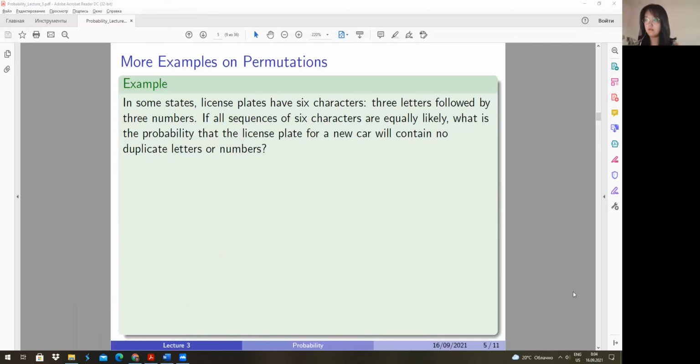Well, the number is going to be large, of course. But you need to calculate it. So once again, let's assume that we are using the Latin alphabet, 26 letters.